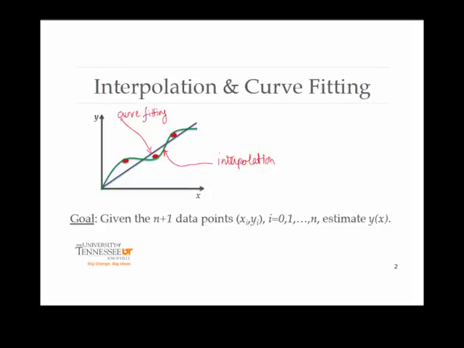Next slide here, we actually draw a picture that indicates the difference between these two techniques. On this Cartesian coordinate system of x, y, assuming x is an independent variable and y is a dependent variable that might define some function of the data, let's suppose that the three red points you see on the Cartesian coordinates are the data, and the green curve and the blue curve represent the two different approaches we're talking about.